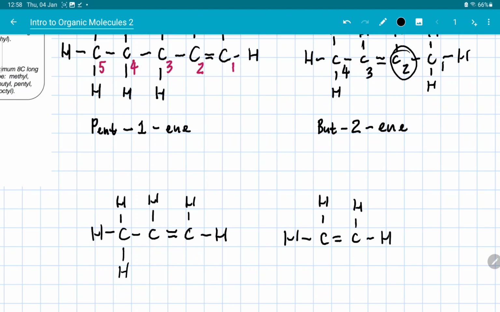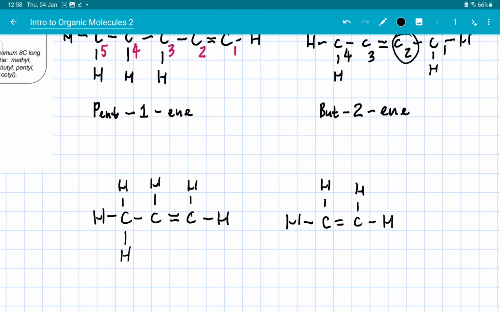Again, you cannot put bonds there. If you look at these two molecules, there is no other way that I can draw them. For example, let's just look at this one now. That double bond can only be there, people. I can't put it between the hydrogen and the carbon. It can only be there.